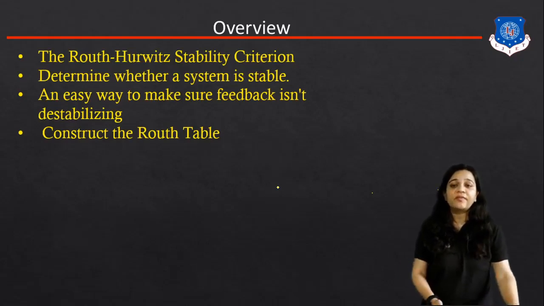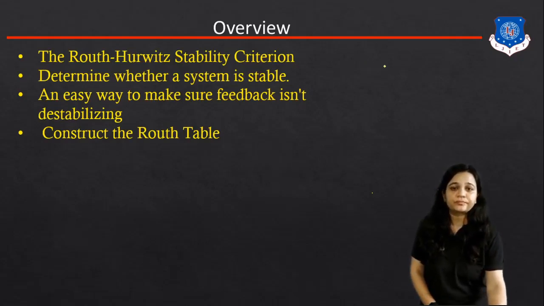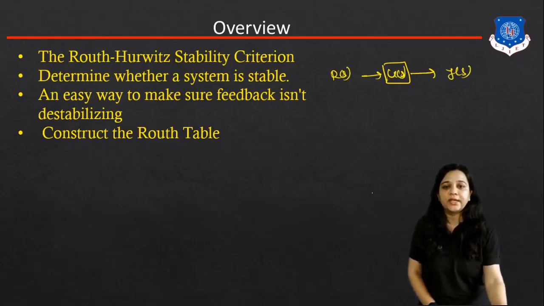Whenever we define stability, suppose the system is an open loop system, where G(s) is my plant, R(s) is my input signal and Y(s) is my output signal.